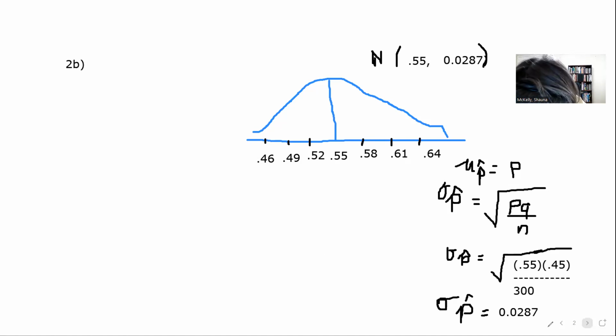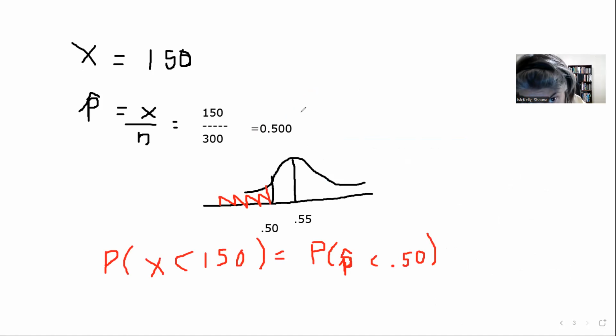So when you do this, you write the following. You say that this is equal to normal CDF. I'll put it down here where there's more room. Normal CDF from, remember, we're starting from the left, negative infinity.